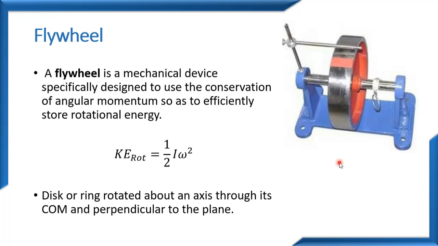So here we are using the principle that the body continues to rotate even if we have stopped the force of rotation. Any body which is rotating will exhibit rotational inertia, that is moment of inertia, and it will tend to continue in its state of rotation. This property is efficiently used in a flywheel.